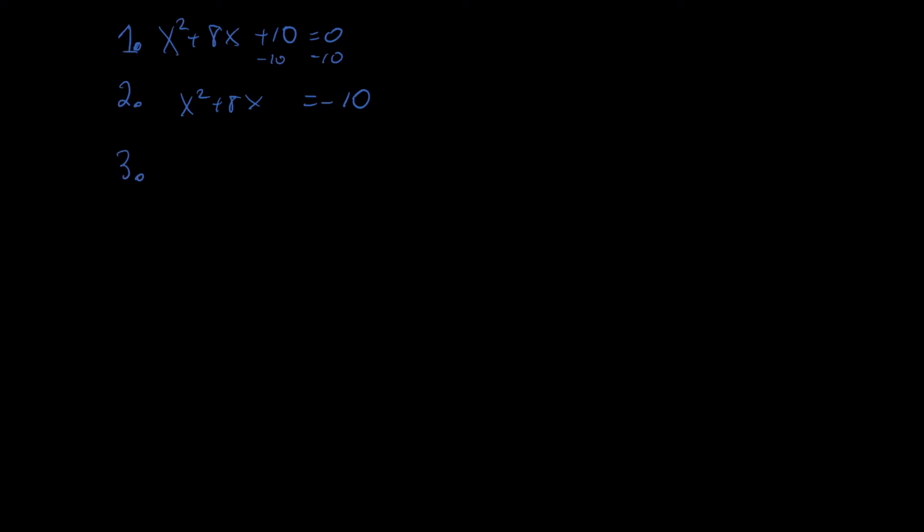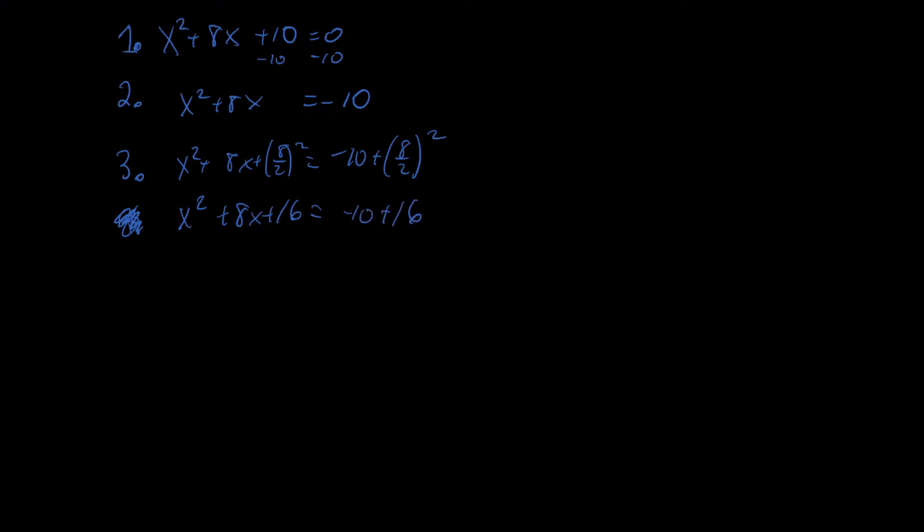Then I have to add b divided by 2 squared to both sides. That gives me x squared plus 8x plus 16 equals negative 10 plus 16.